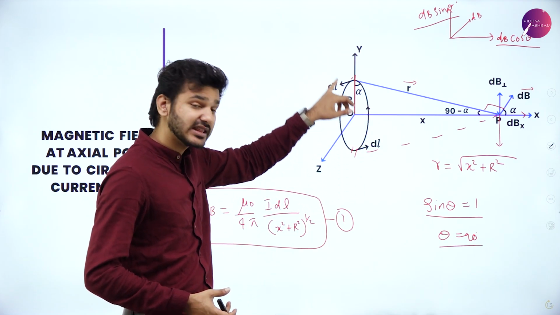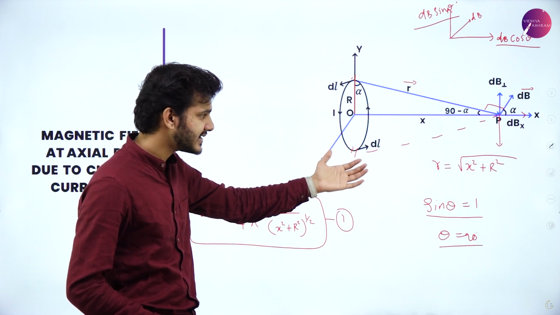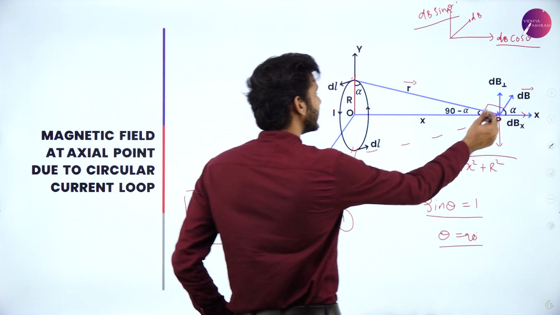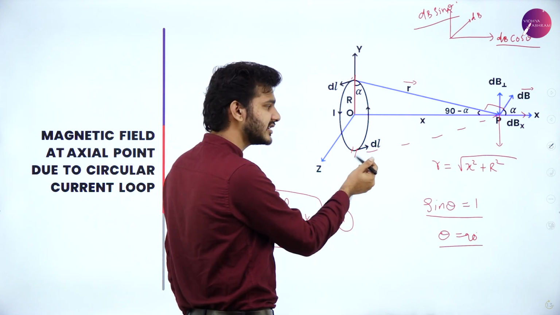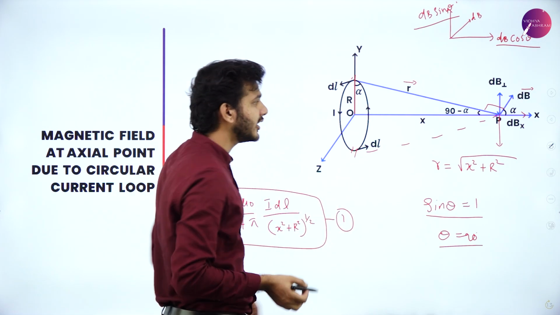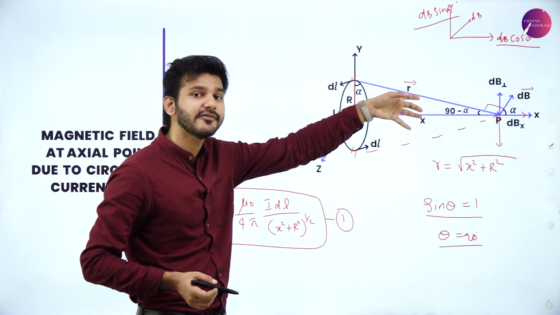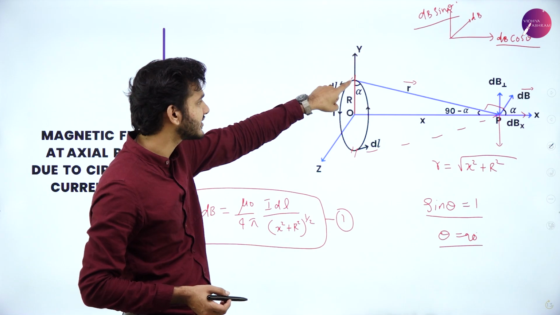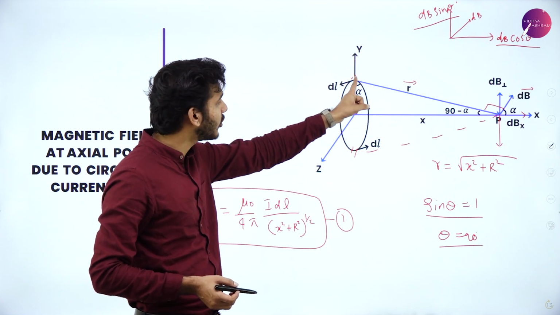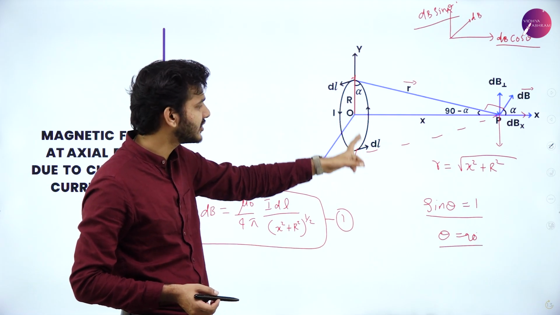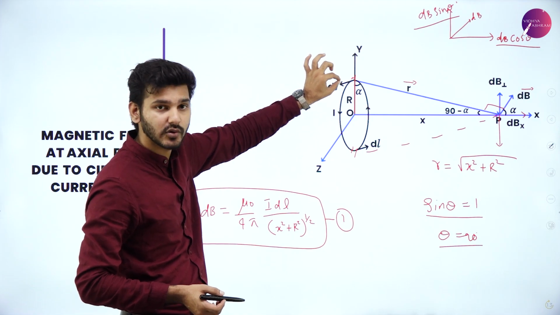When we consider the symmetrically opposite line element dl also, this sine component will be in the opposite direction. The only difference will be that when resolving, the entire thing will be flipped. That is because we are considering a line element which is symmetrically opposite to this, which means only the directions are different in this dl. Otherwise, everything is same. The current flowing through this is same as the current flowing through this.